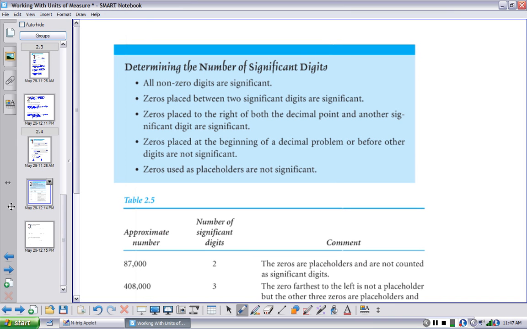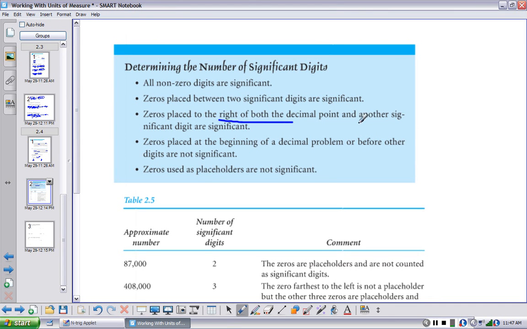Zeros placed to the right of both the decimal point and another significant digit are significant. So zeros to the right of the decimal point and another significant digit is significant.